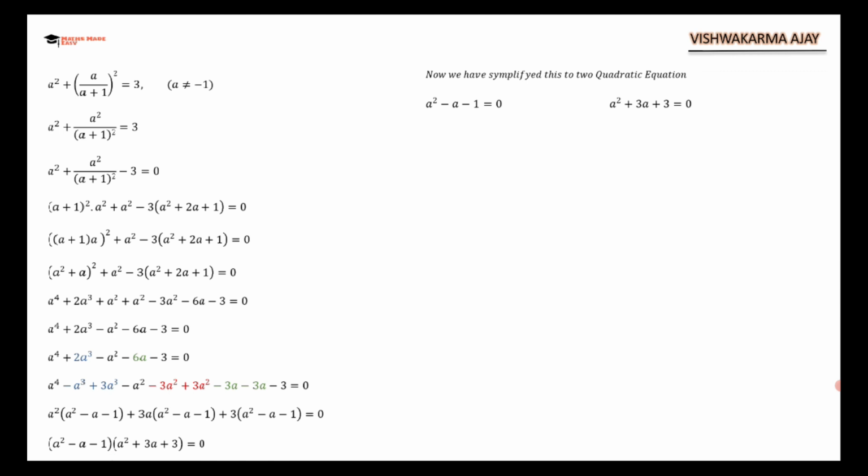Now we have simplified this to two different quadratic equations: a² minus a minus 1 equal to 0, and a² plus 3a plus 3 is equal to 0. We will solve this separately and this one separately, and see which one suits our question, because the value of a cannot be minus 1, and it has to be a real number. For further simplification, instead of a, I will write x for these two or three steps, so we will not have any confusion with the formula.